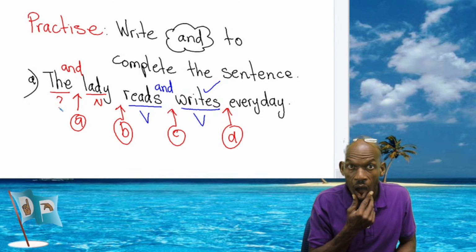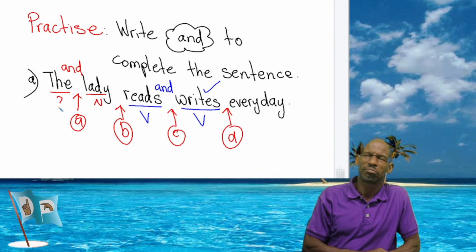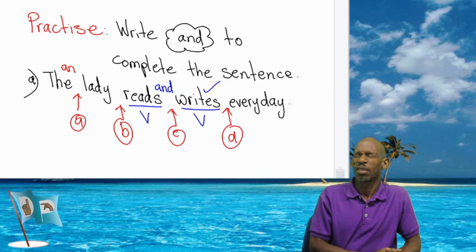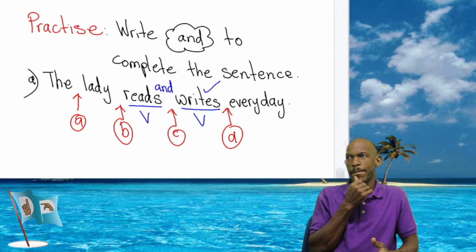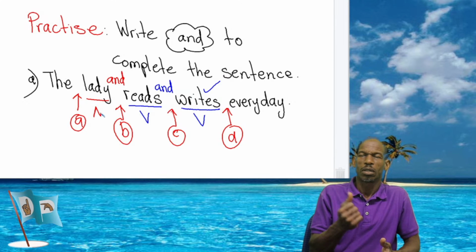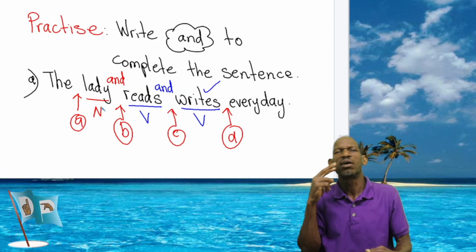No, "the" is not a noun. I don't want to write too much so that it confuses you. So why am I not putting "and" here? Because a lady is a noun, but reads is a verb. So that's why this is wrong.